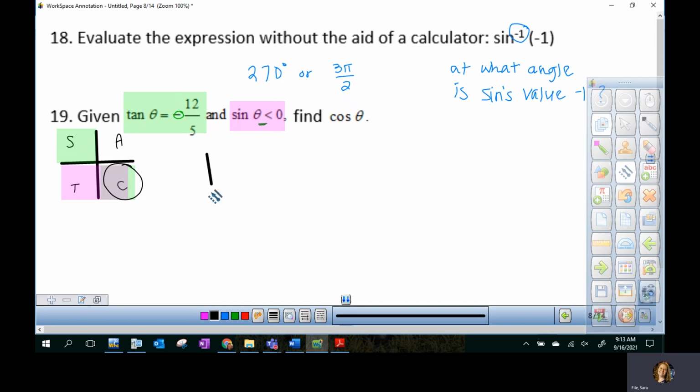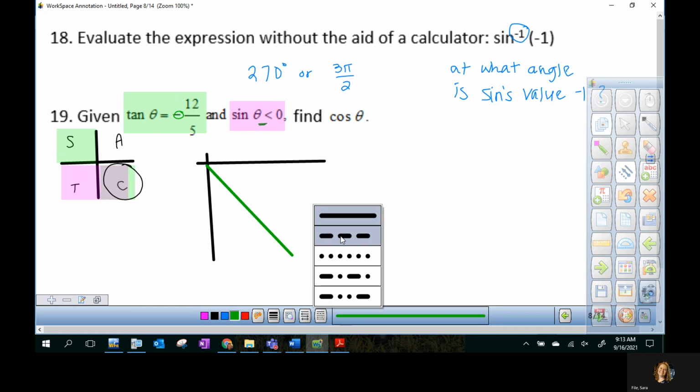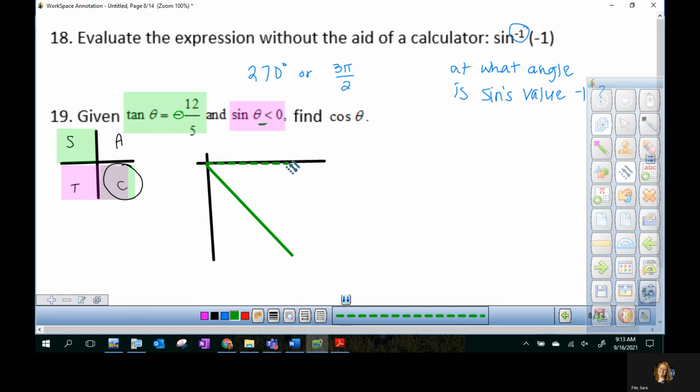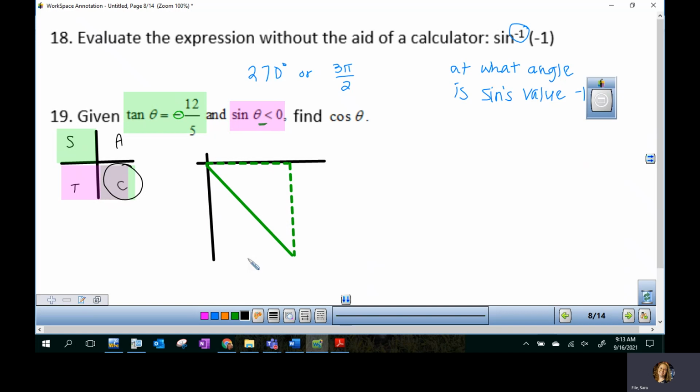Okay, so I have a triangle in quadrant 4. Now, the ratio that they gave me was tangent. What is the ratio for tangent?